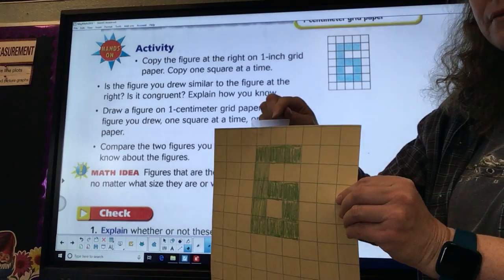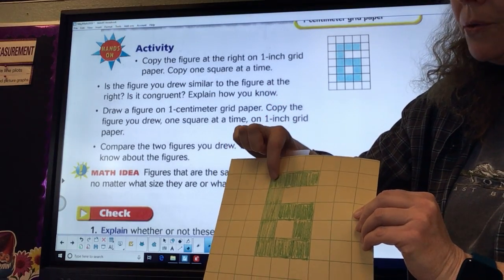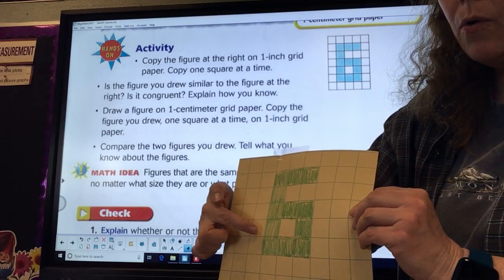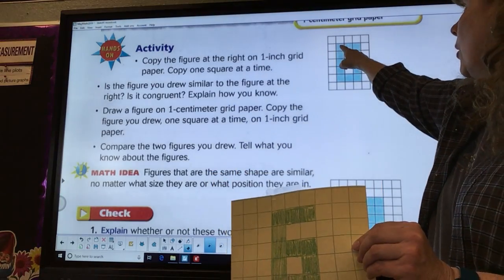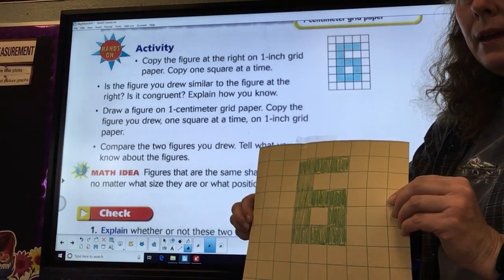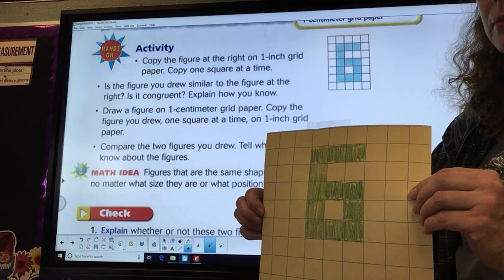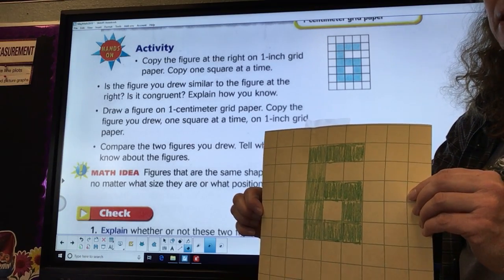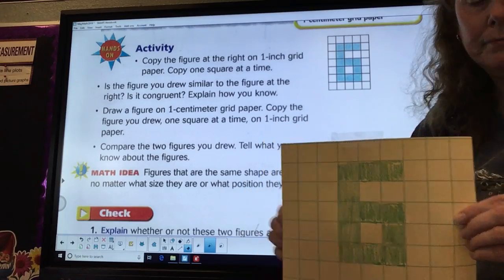If you'll notice, I went 1, 2, 3. Then I went 1, 2, 3, 4, 5, just like it did up here. Okay? And as you can see, they are similar, but they are not congruent. They have the same shape, but not the same size.